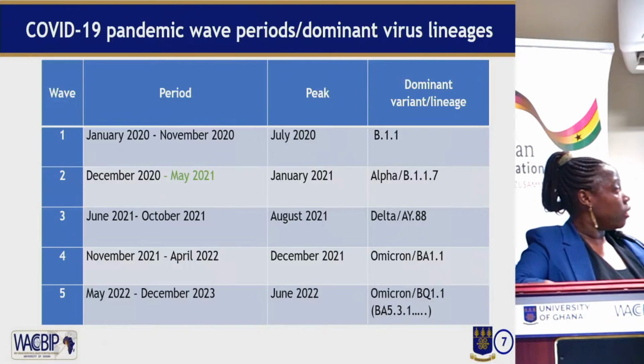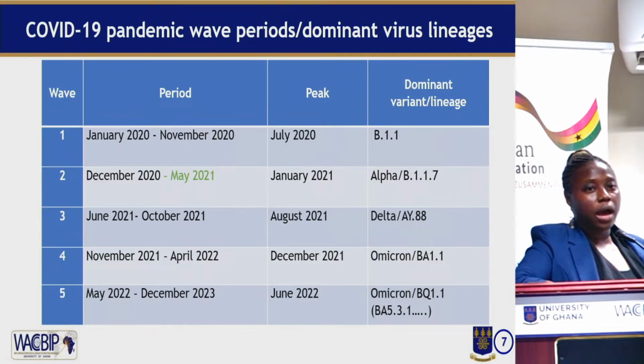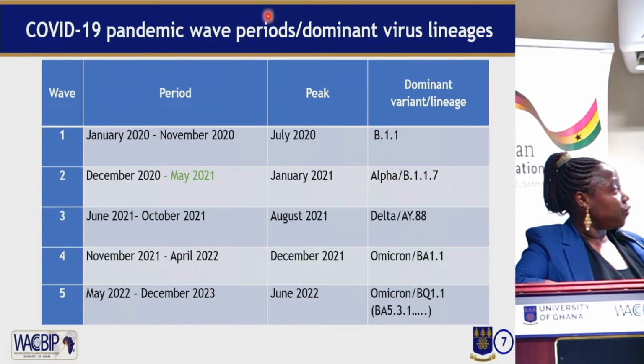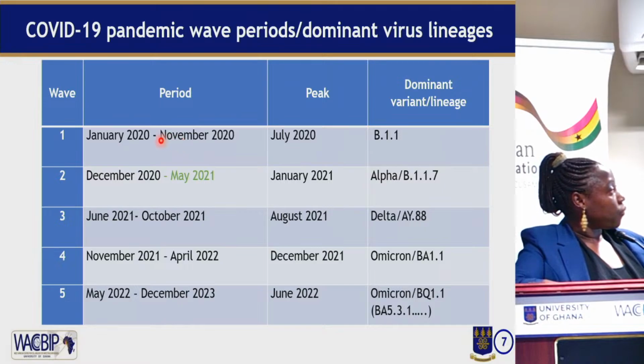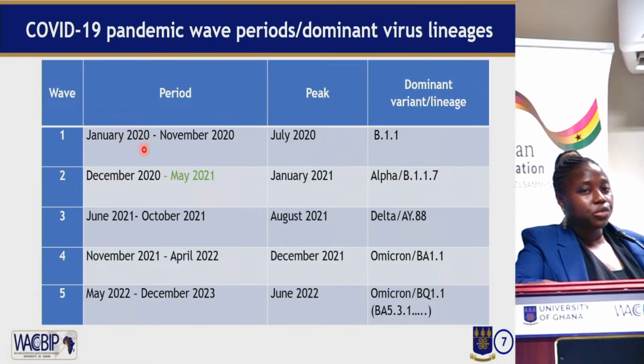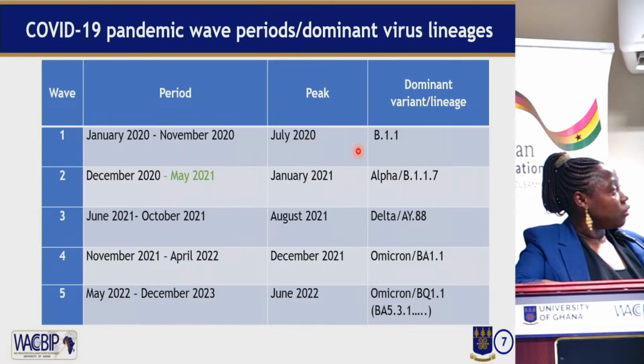So, speaking of the waves, I grouped the samples in waves based on the times that they were collected. For wave 1, which spanned between January 2020 and November 2020, the dominant variant was B.1.1, and the peak period was in July 2020, and it goes on for the others.